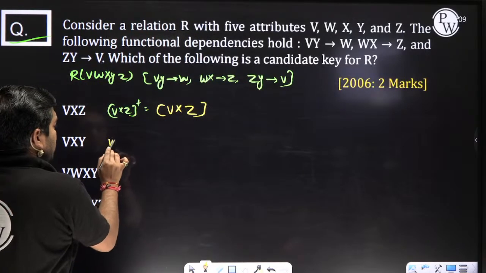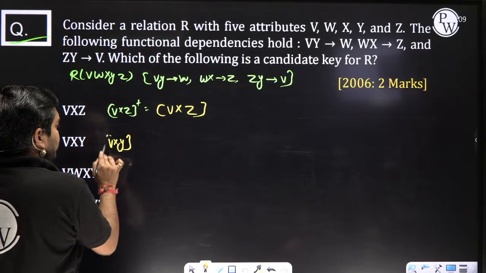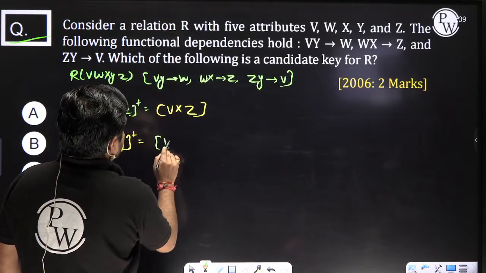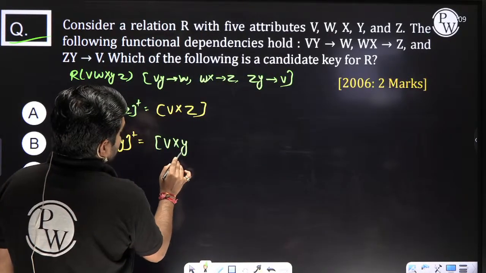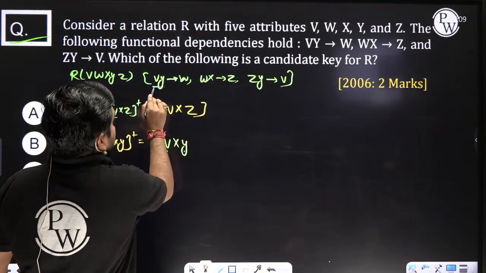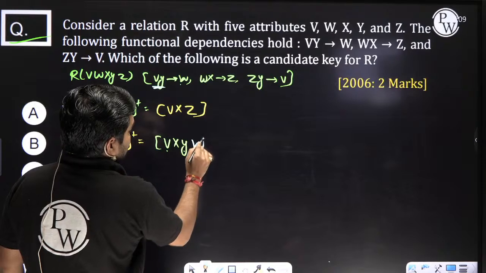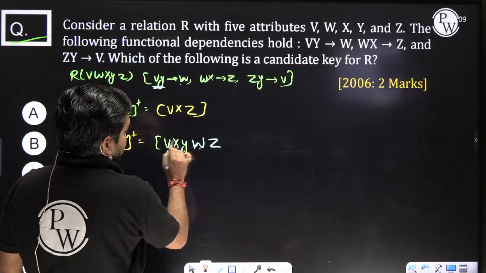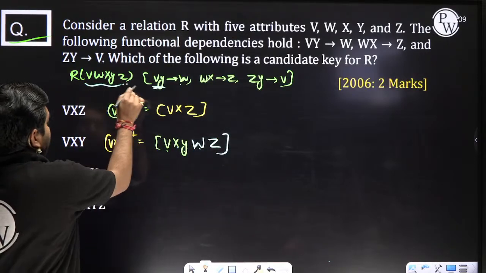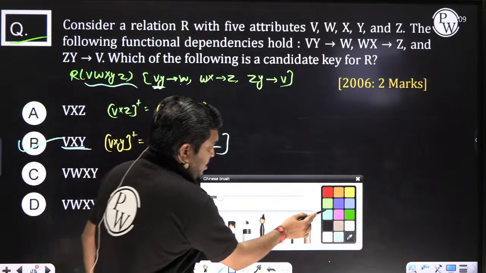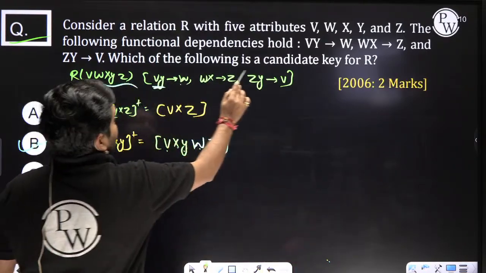When we take the closure of VXY, what is happening? XY, Y, my dear, VY. Y determines W. We are getting WX to Z, ZY, and we get all five attributes. That is the key.